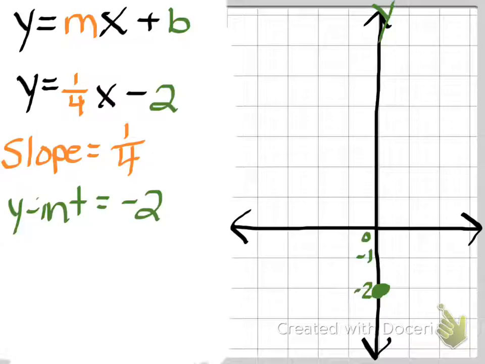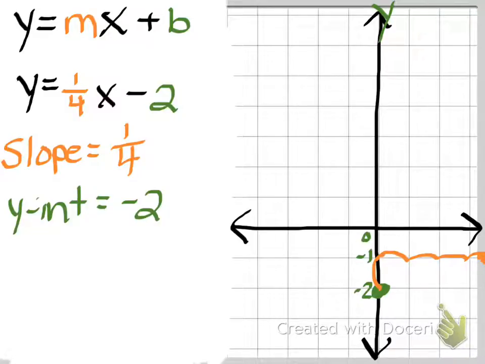Now I need to use my slope to find my next point. On this graph, I can't actually get 4 over, so we'll just do the best we can. We're going to go up 1, and then to the right 1, 2, 3, and the next point is off the graph. So I'm going to write it over on the side here.